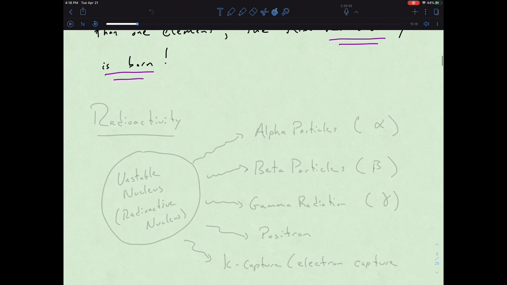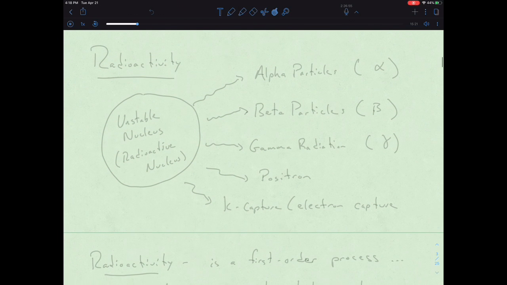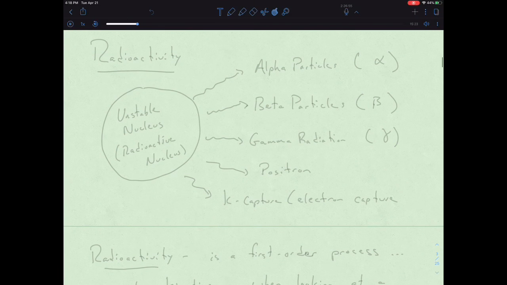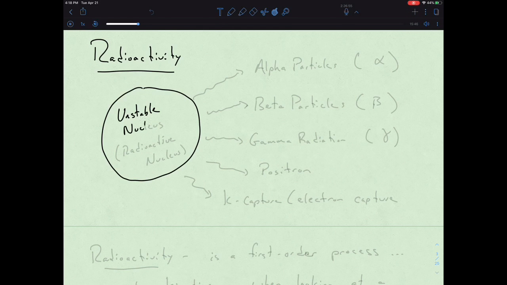Radioactivity can be divided into several pieces. With radioactivity, basically you have an unstable nucleus or a radioactive nucleus.